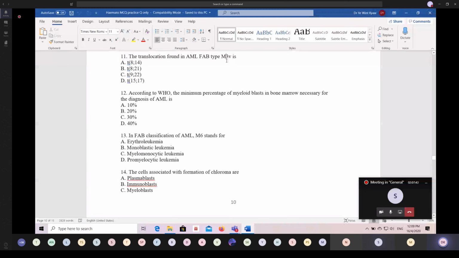C is CML, not CLL, CML. C is chronic myeloid. CML and ALL, t(9;22). Lymphoid pattern. Oh, this one. 5070. ALL.